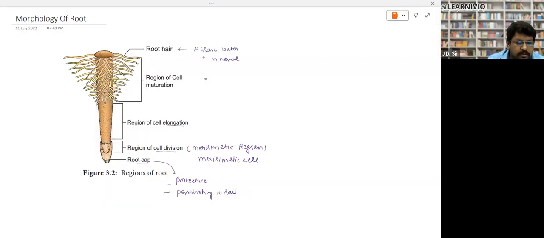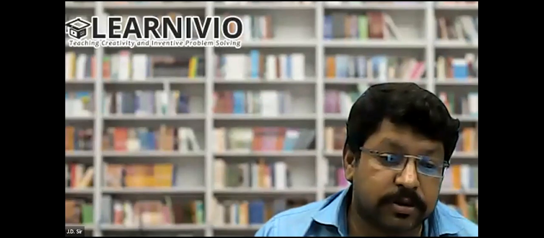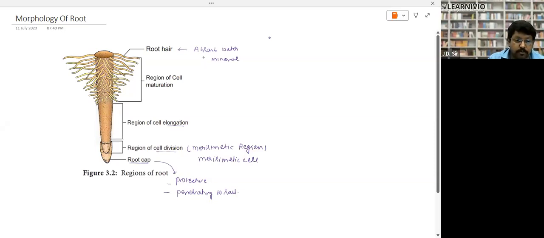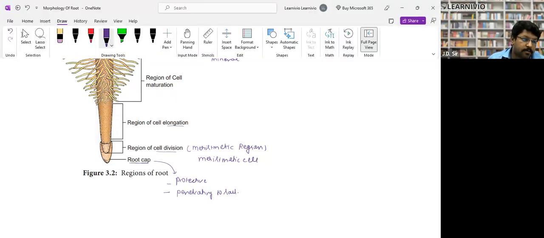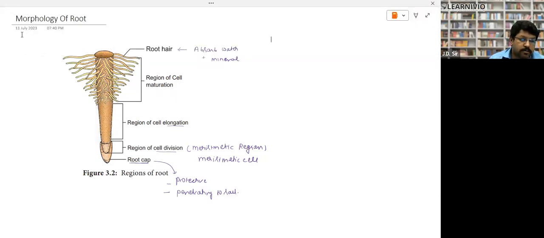Do we draw this, sir? Yeah, you need to draw this diagram after the class. Why am I saying this? Because they can ask you to describe the morphology of root system, then you have to draw. Draw it after the class, because if you draw right now, it will take lots of time.